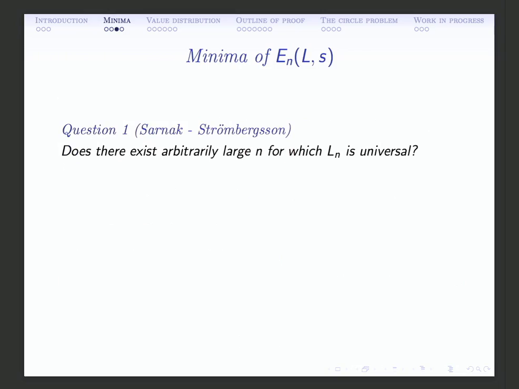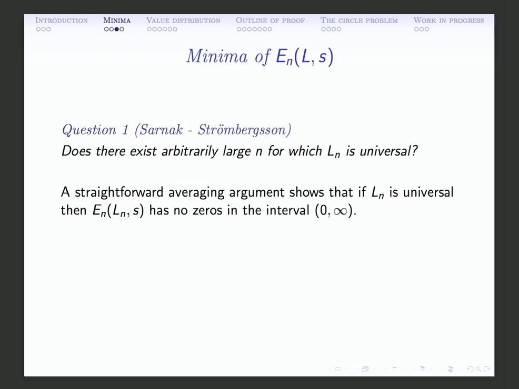So let's try to do something slightly weaker. In relation to what Roger asked about, it turns out that for each fixed s, you can average over the space of lattices and find out what the average of the Epstein zeta values at this s is. In the critical strip, the average is always 0. So the minima will be negative.